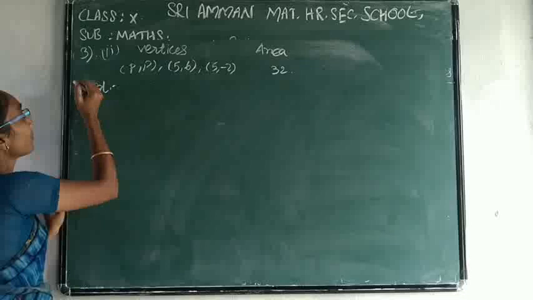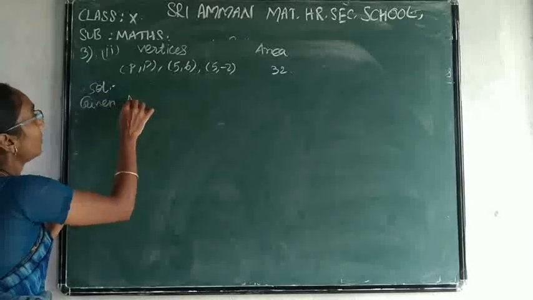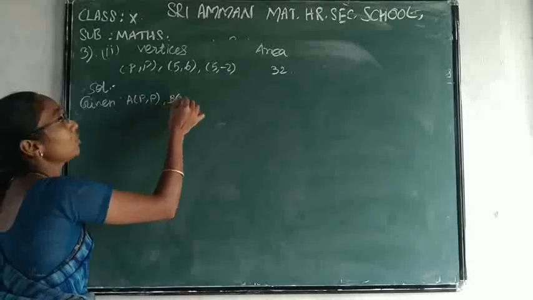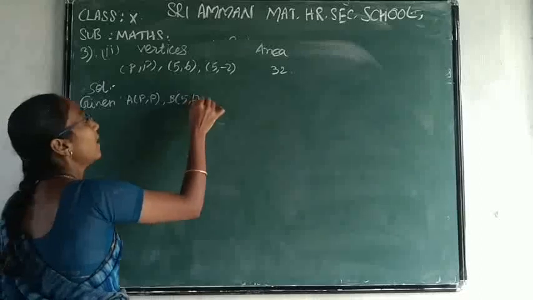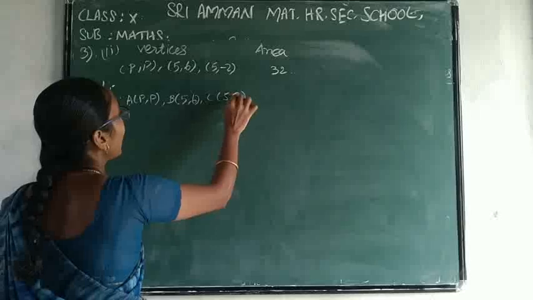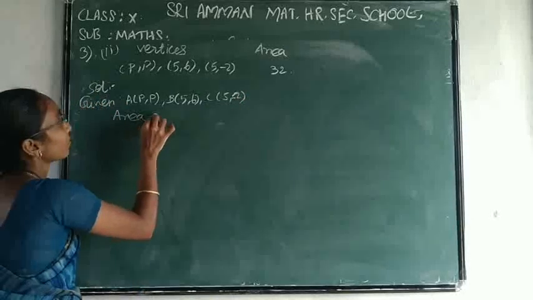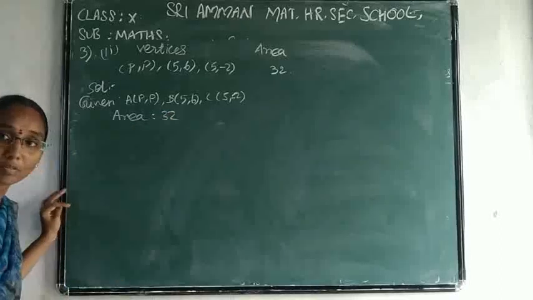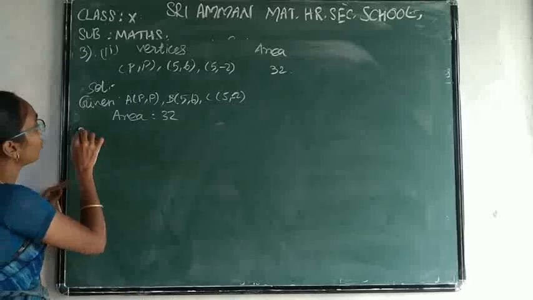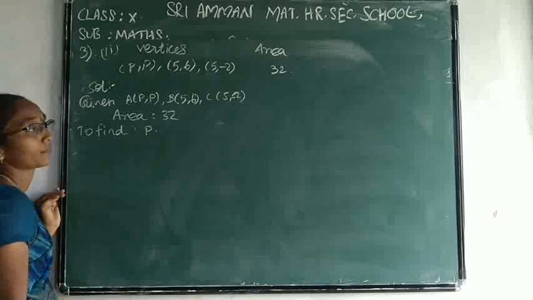Consider A of p comma p, B of 5 comma 6 and C of 5 comma minus 2, and area 32 square units. We need to find the value of p.